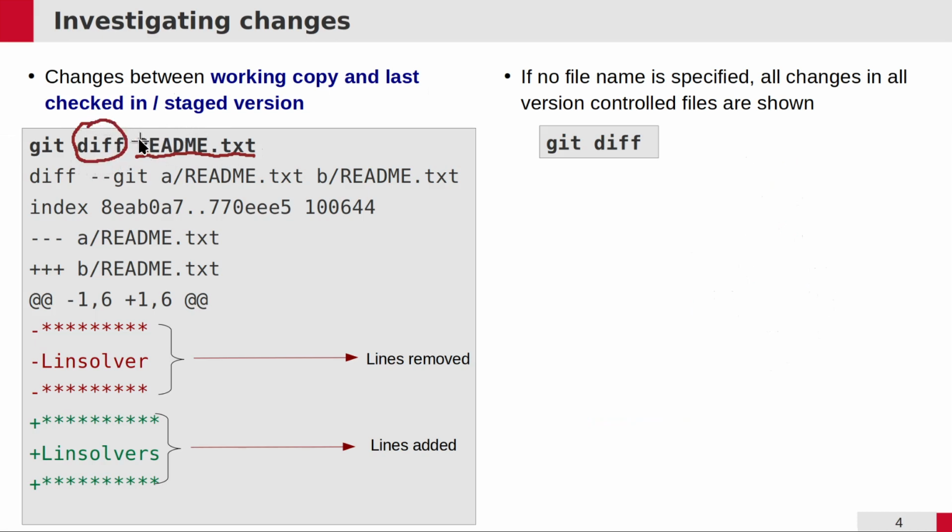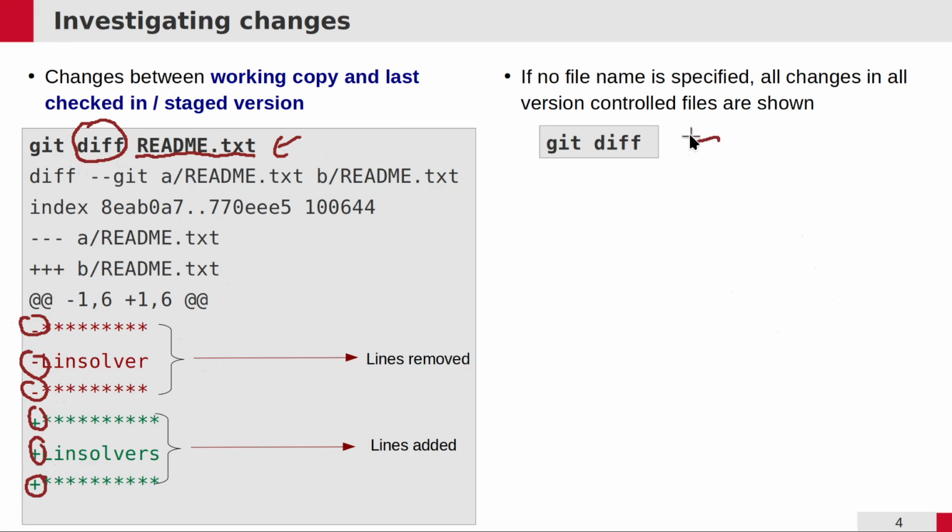If you give diff just a file name like readme.txt, then it gives you all the changes which have been made in your working copy with respect to the last version which was checked in, which is in the repository. You get a text output here, with a few minuses, which means those lines have been removed, and a few pluses, which means those lines have been added instead of the removed ones.